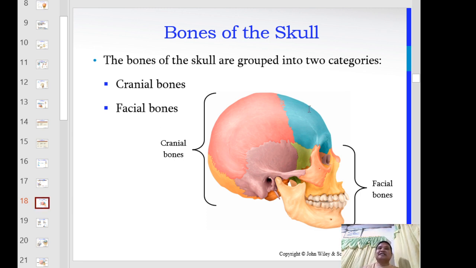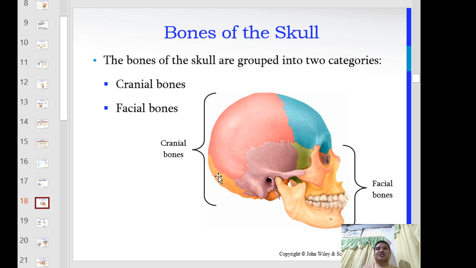This is the frontal, this is the parietal, then the temporal, then occipital. Okay?